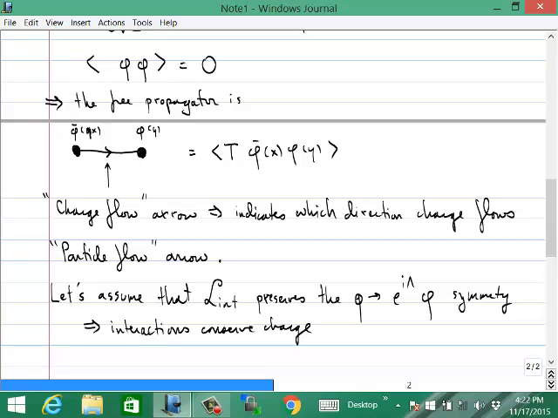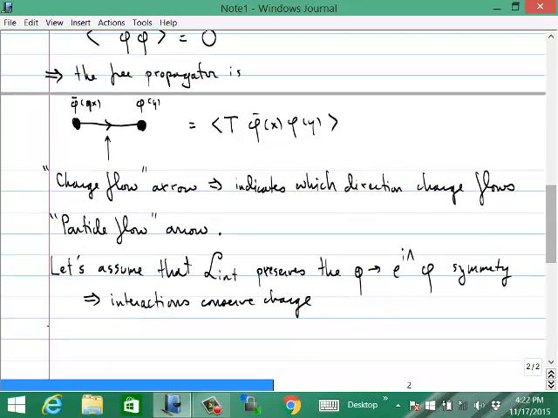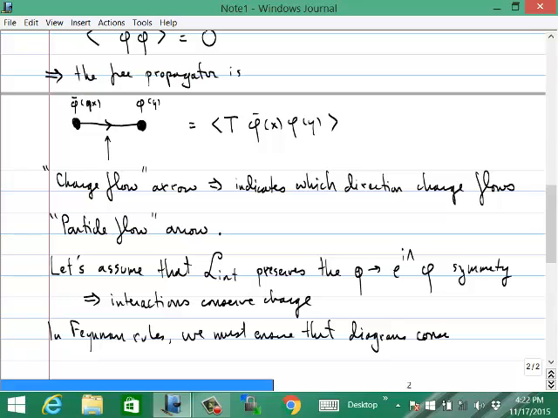Then that means that in the Feynman rules, we have to ensure that all of the vertices appearing in the diagrams conserve charge.